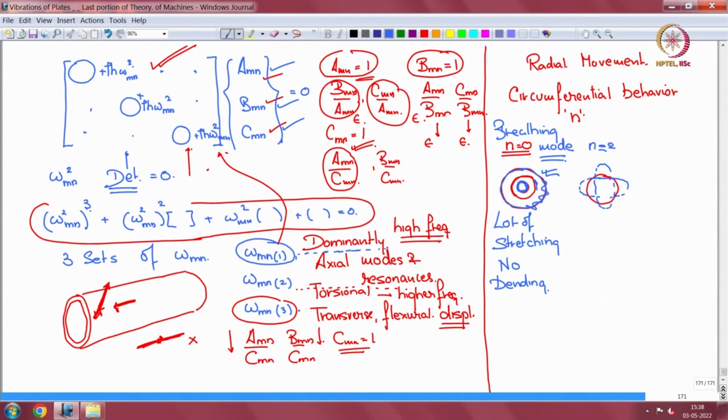So, you can see that there is some stretching and some bending. The shell element is flexing a little bit and stretching a little bit. So, if I go to n equal to 4, let us say this is my nominal diameter, then the shell at some point will look like this.